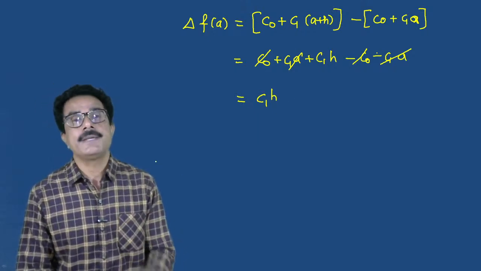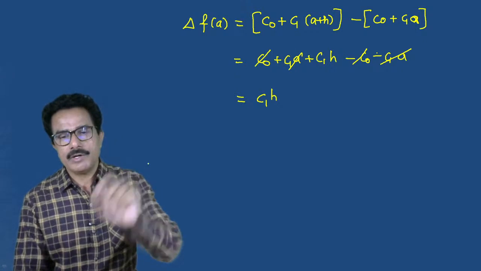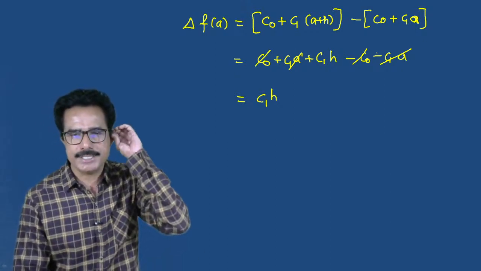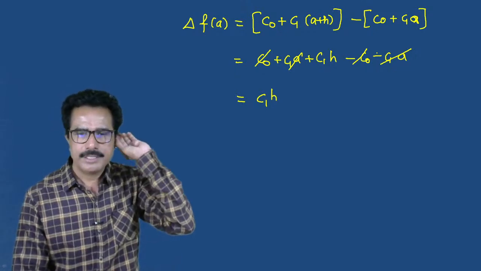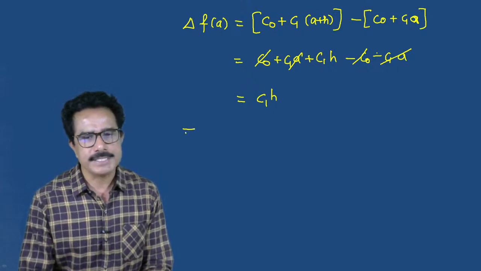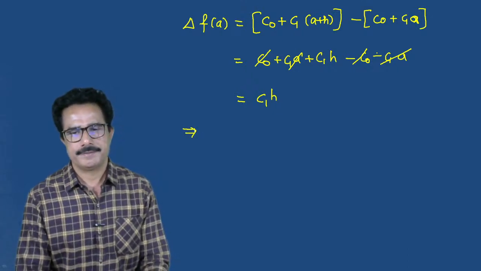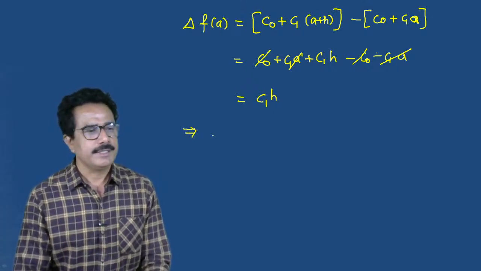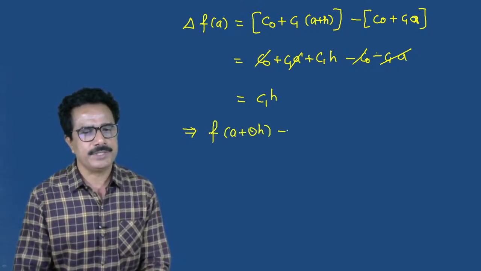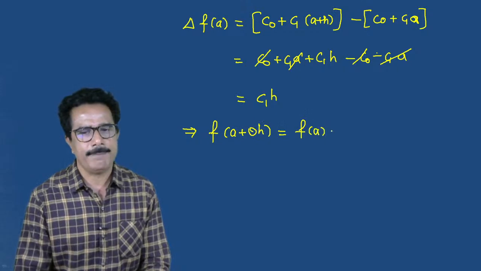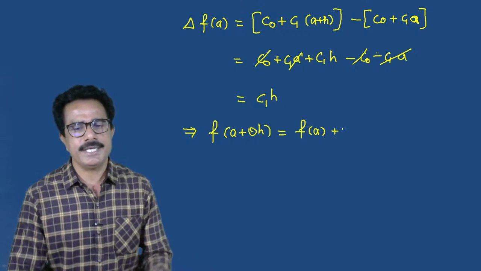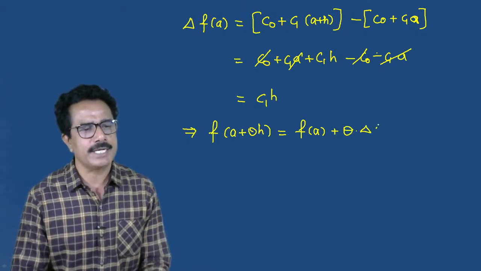So according to Lagrange's mean value theorem, or in the form of a difference with theta, f of a plus theta h equals f of a plus theta into delta f of a.